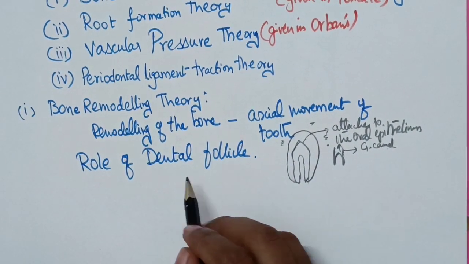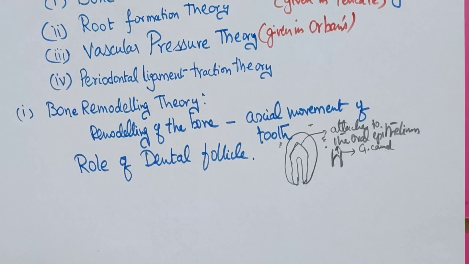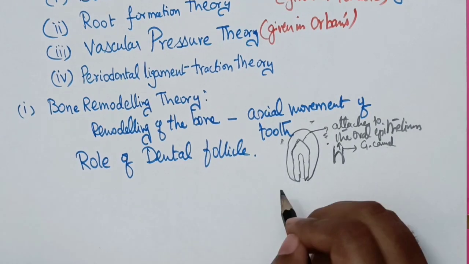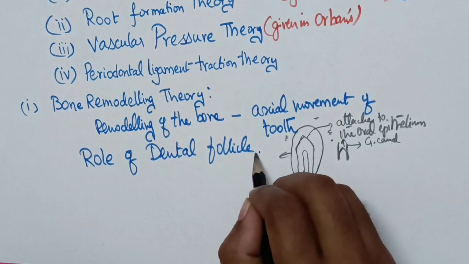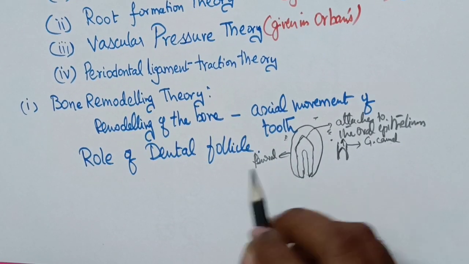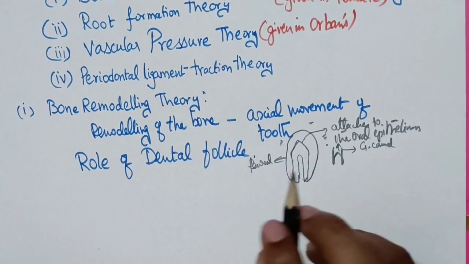Experiments have been done to explain how this role of dental follicle is important for tooth eruption. In experiments, if you remove the dental follicle, tooth eruption doesn't take place.